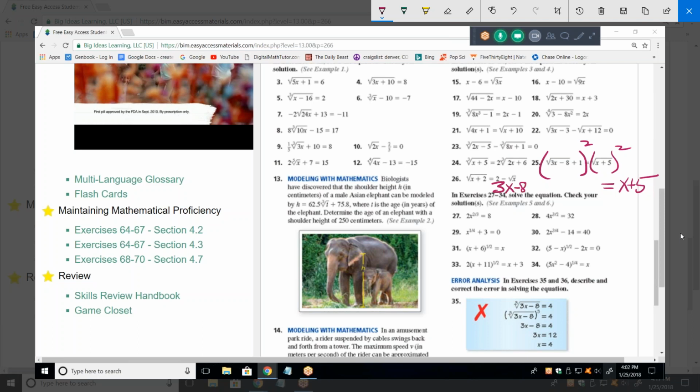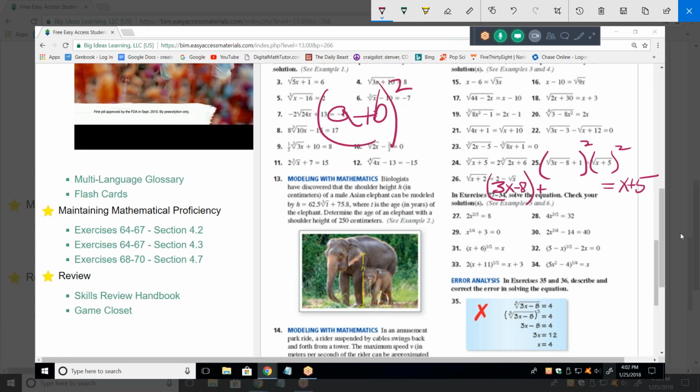Now put it in parentheses just for clarification. What's the middle term? Plus the square root of 3x minus 8. Remember what happens when you have a plus b quantity squared.